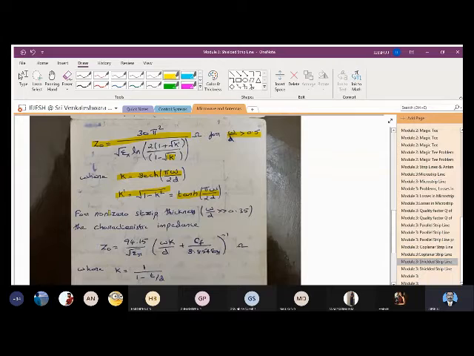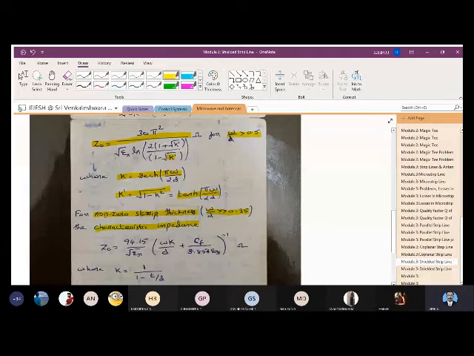If it goes greater than 0.35, then the characteristic impedance for a non-zero strip thickness is given by this equation. We will be using these different types of equations in different problems, so you'll be able to understand where you have to use each specific one. So it's very important for you to find out the W by D ratio when you get a problem, to identify which equation you have to use here.